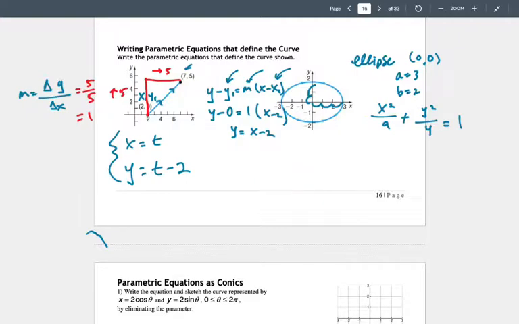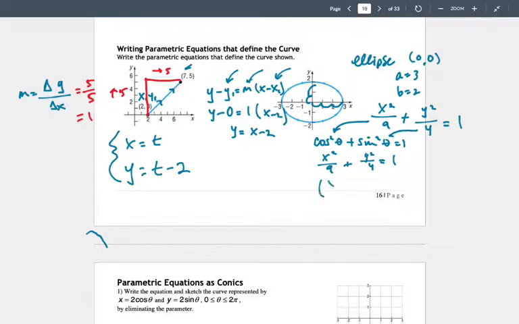Okay. So we're going to think again about our Pythagorean identity, cosine squared plus sine squared equals 1. So that is going to go in for cosine squared. So it'll be x squared over 9 plus this is going to go in for the sine squared. So y squared over 4 equals 1.